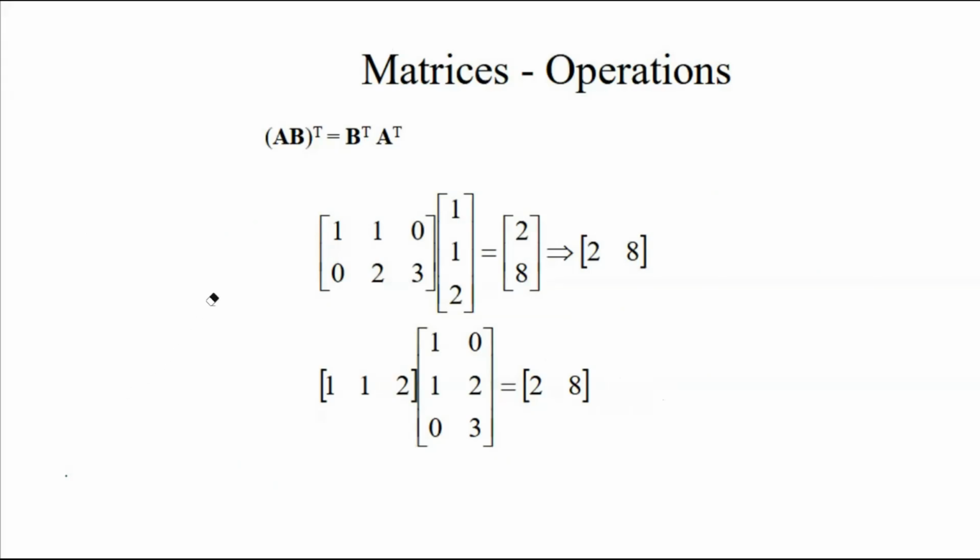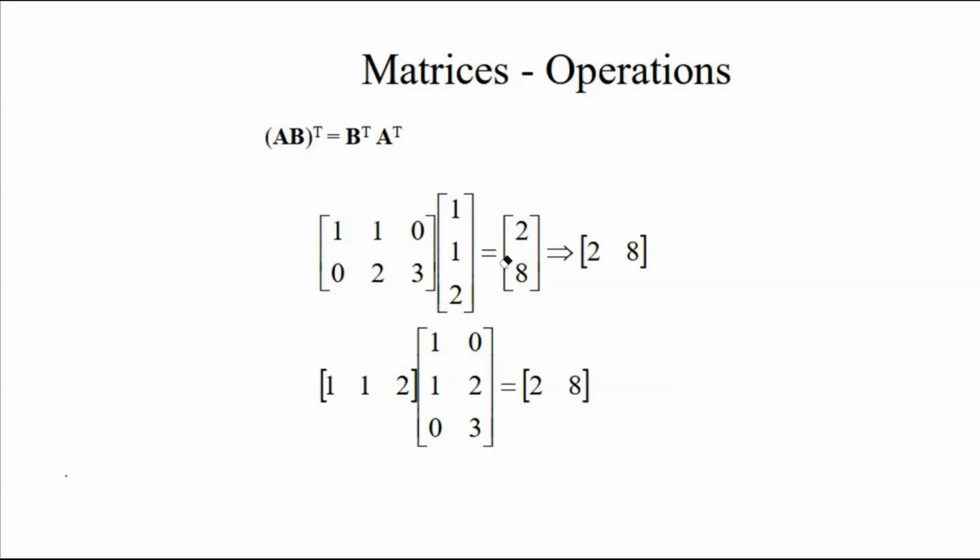What's happening here? So AB transpose, right? So you take A, okay, they're assuming this is A, this is B, multiply, and you get that, right? And you transpose it, you get that, right?